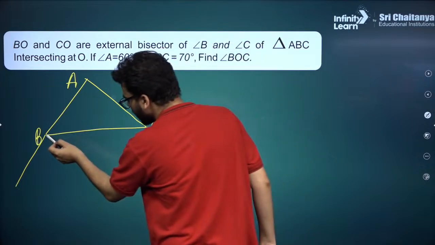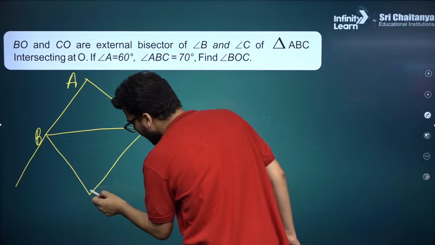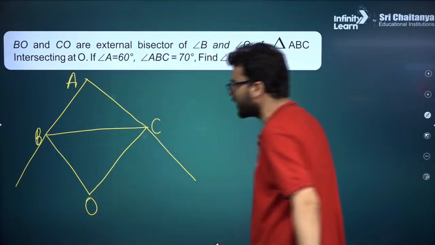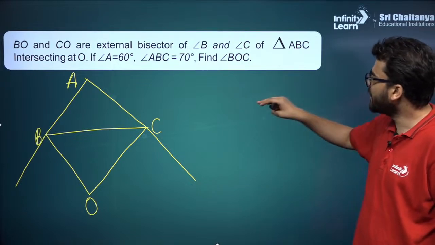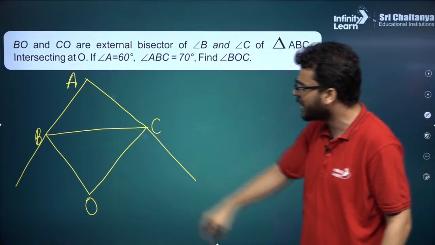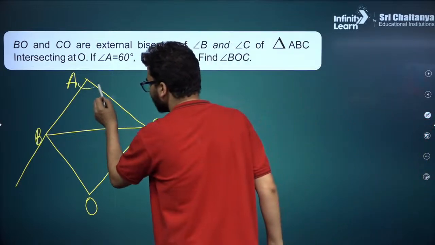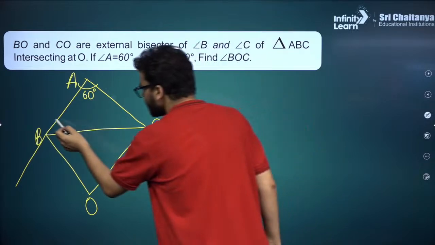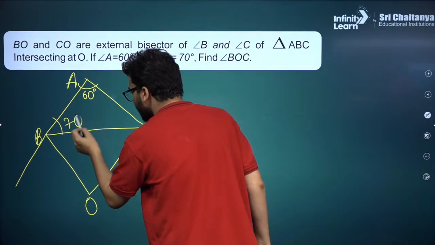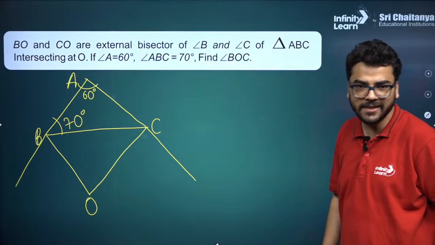The bisector of this angle and the bisector of this angle, they are intersecting at point O. It is given in the question, external angle bisectors of angle B and C of triangle ABC intersecting at O. And it is given that angle A is equal to 60 degrees, ABC is equal to 70 degrees. Then you have to find the angle BOC over here.